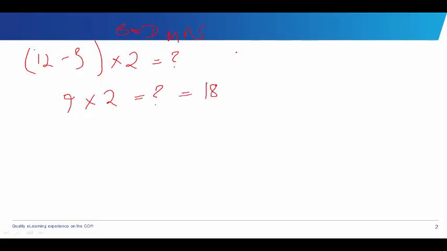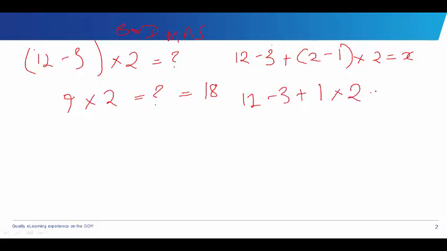Let's try another example. 12 minus 3 plus 2 minus 1 in brackets, times 2 equals x. Okay, using our BODMAS, we'll solve the bracket first. So 2 minus 1 is what? 1. Then times 2 equals x. What follows next from our BODMAS? We don't have any of, no division. Next is multiplication. So we'll do multiplication first.